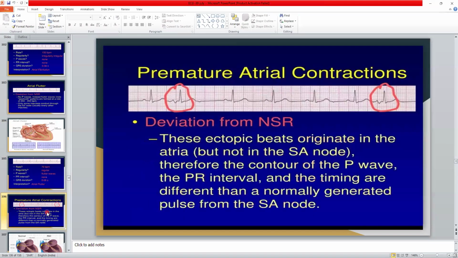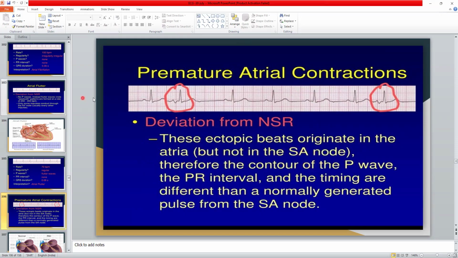Now let us know about the premature atrial contractions. What do you mean by premature atrial contractions? These are ectopic beats originating in the atria other than the SA node.